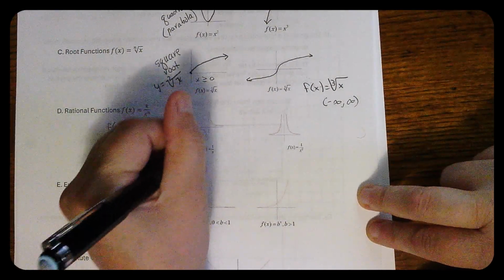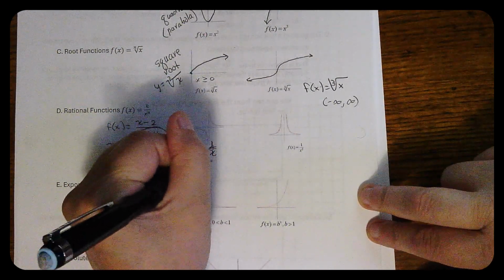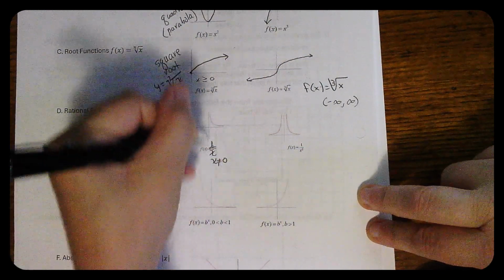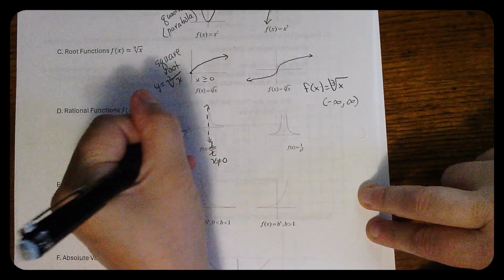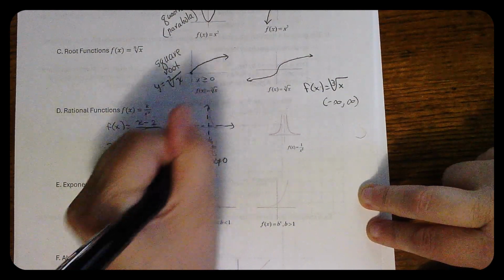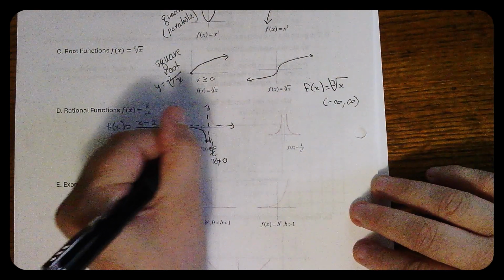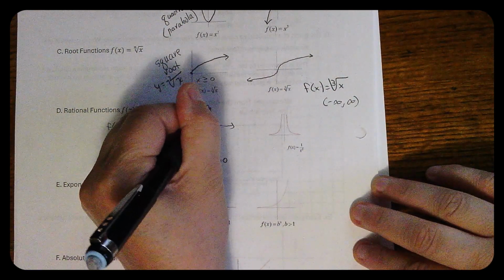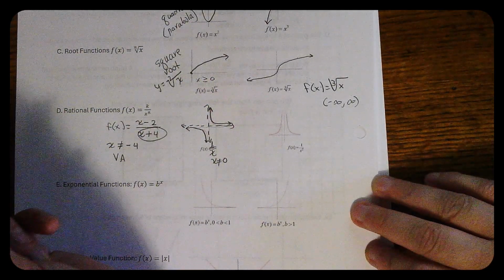Here's another one. And this is 1 over x. And you can see x can't be 0. And you can see there's a vertical asymptote right there. And there's also a horizontal asymptote because there's nothing that can make that go to 0. So you have these branches. So whenever you have two branches like this, and they seem to be hugging these lines called asymptotes, that's a rational function.